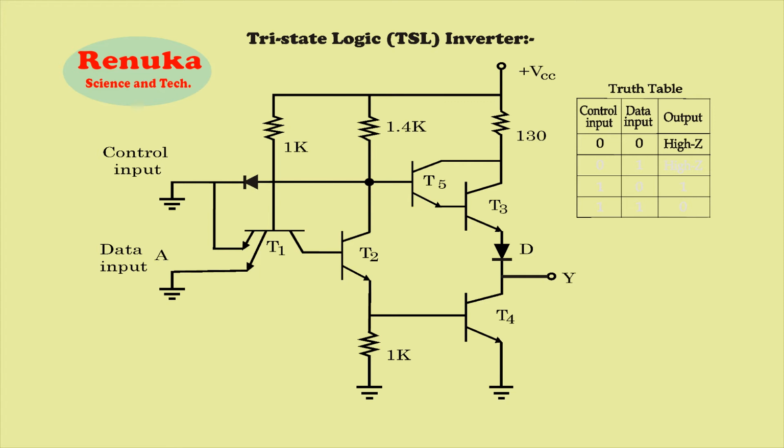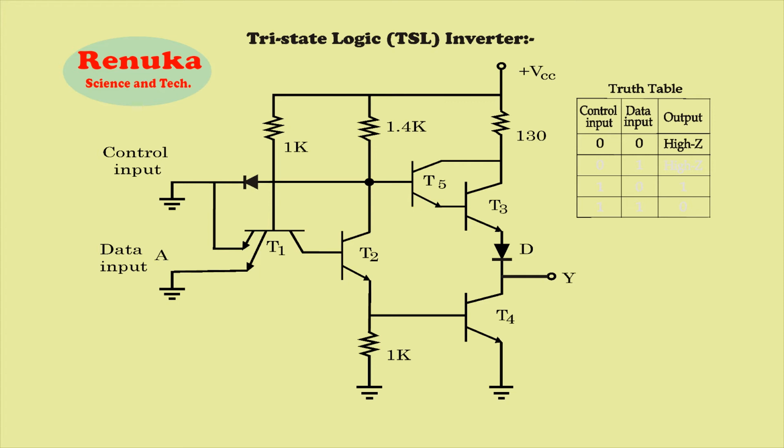There will be two inputs, control input and data input, and let us see what the output will be. Suppose the control input is connected to 0 and the data input is also connected to 0. The control input in the diagram is shown connected to ground, and the data input is also connected to ground. That means these two input conditions are 0 right now.